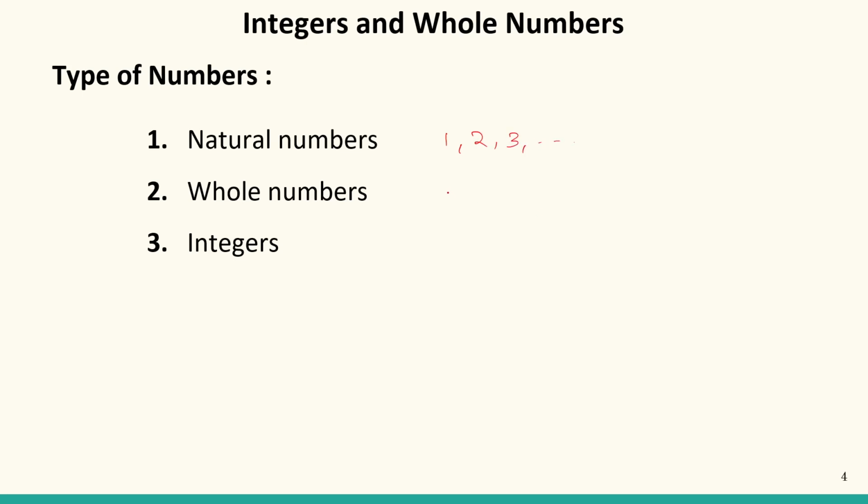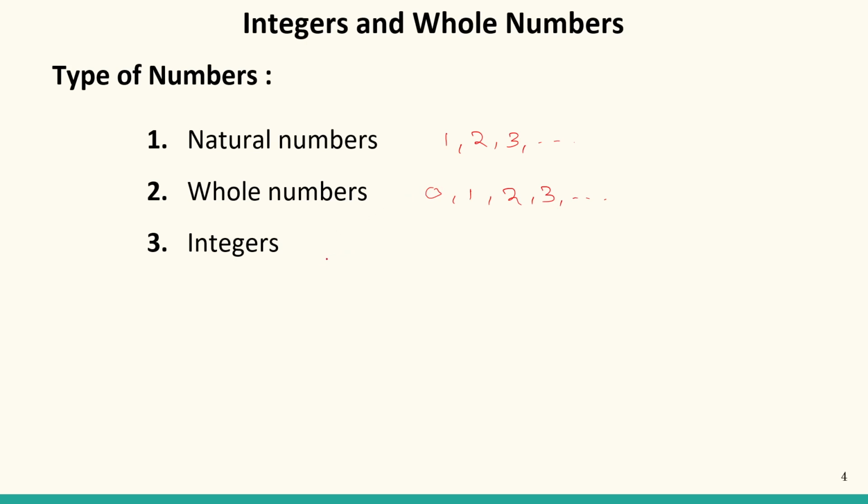Whole numbers are an extension of natural numbers, including 0, 1, 2, 3, and so on. You can see that 0 is just an addition to the natural numbers. And we all know how important 0 is.